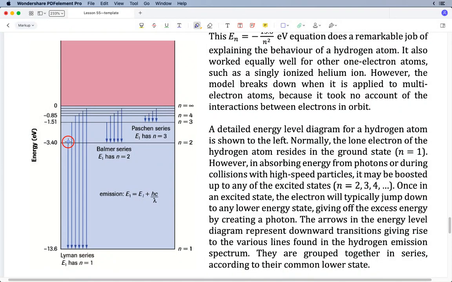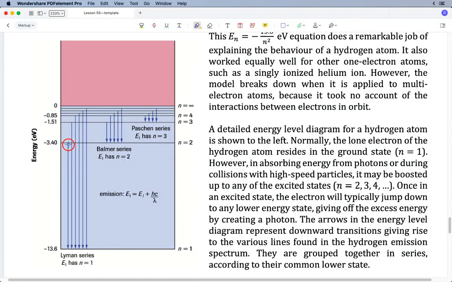So these are higher energies because the electron is moving over a gap that's larger than we see here for the Balmer series. For example, when the electron moves from the second energy level to the first, there's quite a large difference in energies. And if there's a large difference in energies, that means the photon released is going to have a lot of energy.